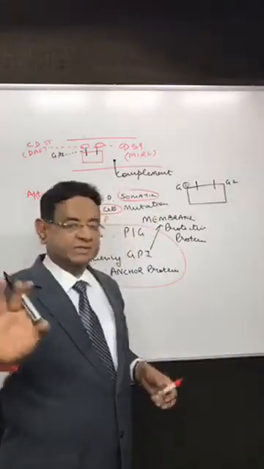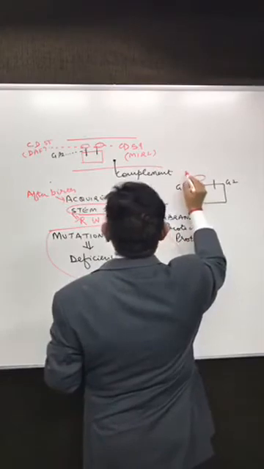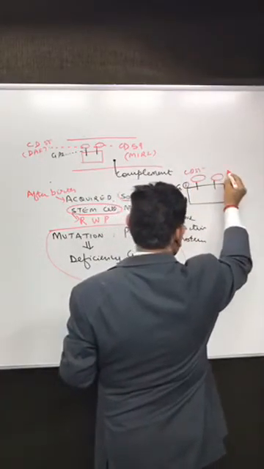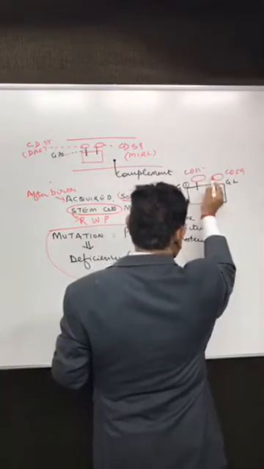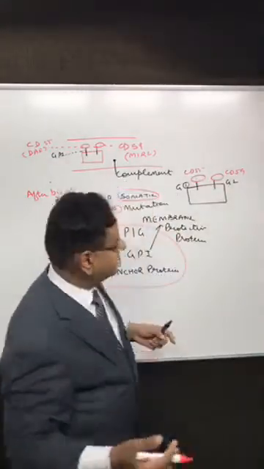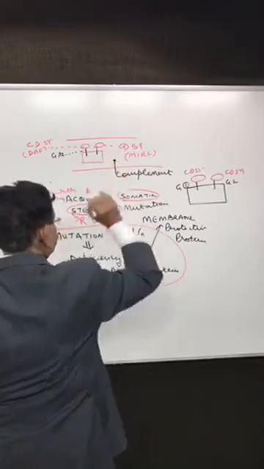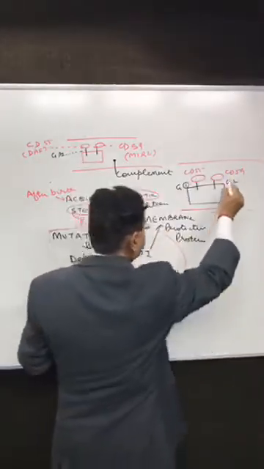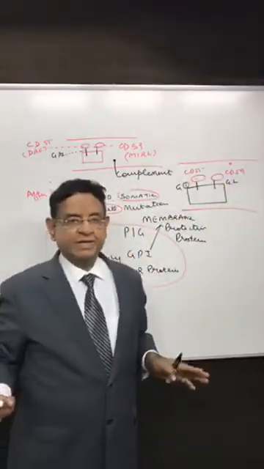These two guards each have a gun, one called CD55 and the other called CD59. Since the guards are there at the gate with guns, the thief cannot enter the building. This is the blood vessel. A complement thief is there, it wants to enter the building, but it cannot enter.